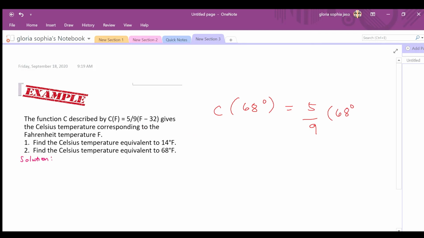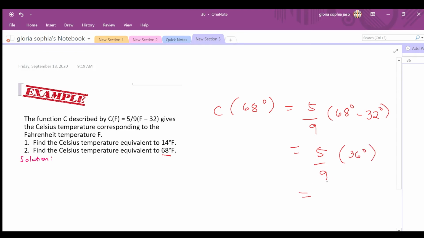So, substitute lang natin yung value ng F natin, which is 68 degrees minus 32 degrees. So, simplifying, 68 minus 32, that is equal to 36 degrees.